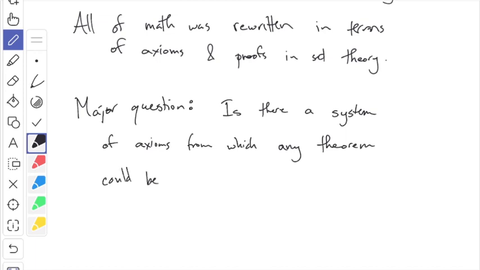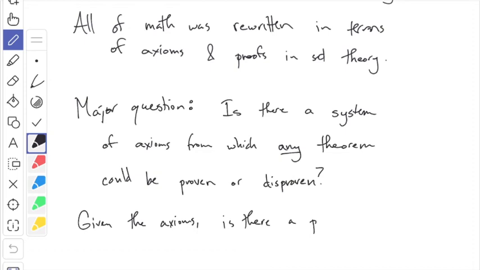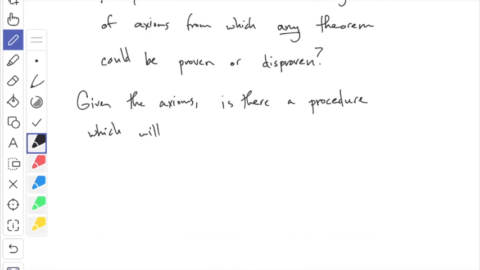Obviously, this is the natural goal if you're trying to create mathematics from axioms. And a related question is: given the axioms, is there a procedure which will lead to correct proofs?